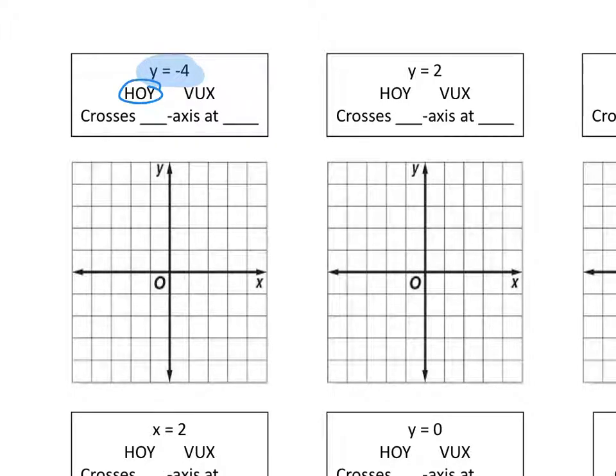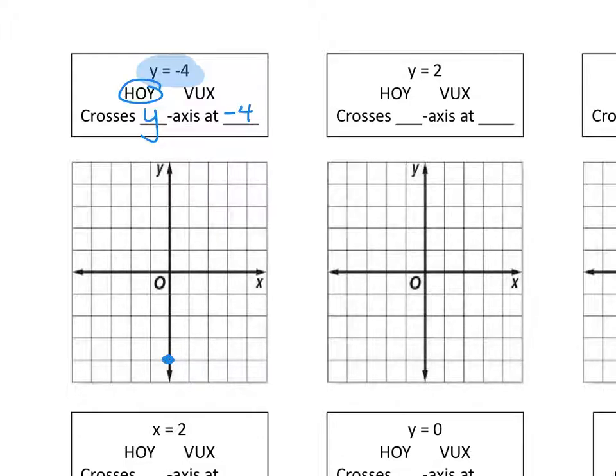Ahoy. Classic. Which means that this line is going to cross through which axis? The y-axis. At what value? -4. At every point, this graph should have a y value of -4.